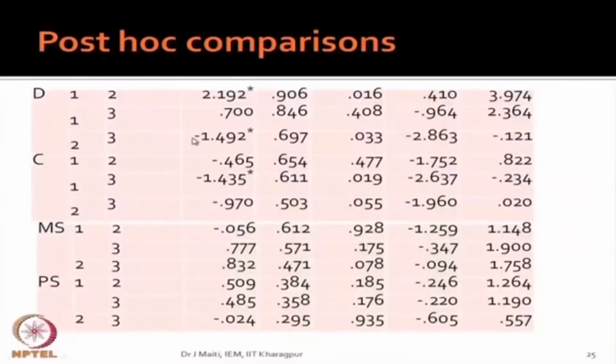What are those things? Basically, you want to test, okay, there is a difference, but which groups are different? Wherever you are getting the star marks, these are different.